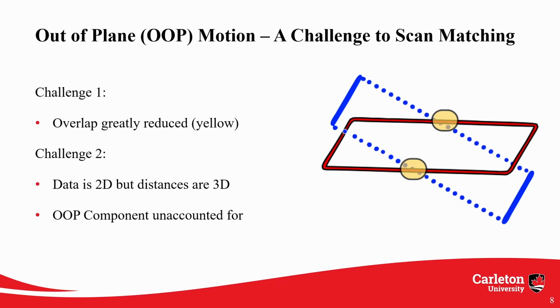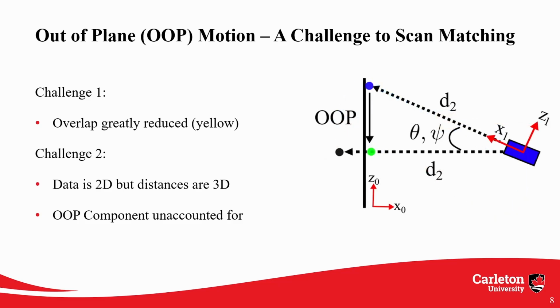The first challenge is that 2D LiDARs having 3D components have much less overlap between each other, meaning that it's almost impossible for our scan matcher to find the correct alignment. The second challenge is that our scans are still in 2D, even though the distance measurements making up the scans are in 3D. As this figure shows, any rotation that occurs out of plane, pitching or rolling the platform, theta or psi, causes a change in distance to our wall, d2.